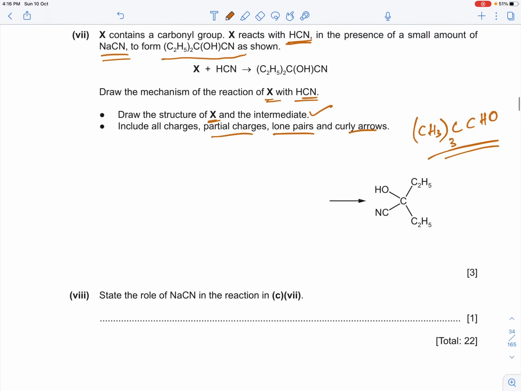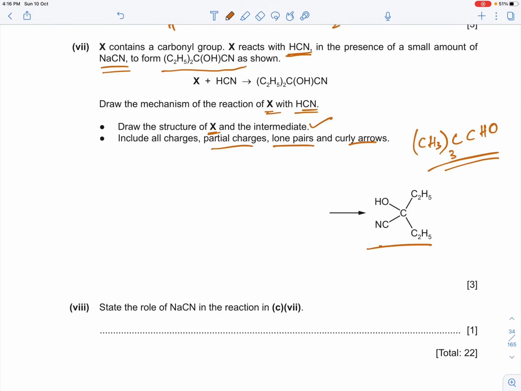And if you look at the final product of this nucleophilic addition of X with hydrogen cyanide, you just have to remember what happens whenever a compound undergoes nucleophilic addition. This is a ketone. Now I'm just drawing a simple structure of a ketone. I'm not saying that it is X. We would replace these R groups with the carbon atoms afterwards. But first just remind yourself what nucleophilic addition is.